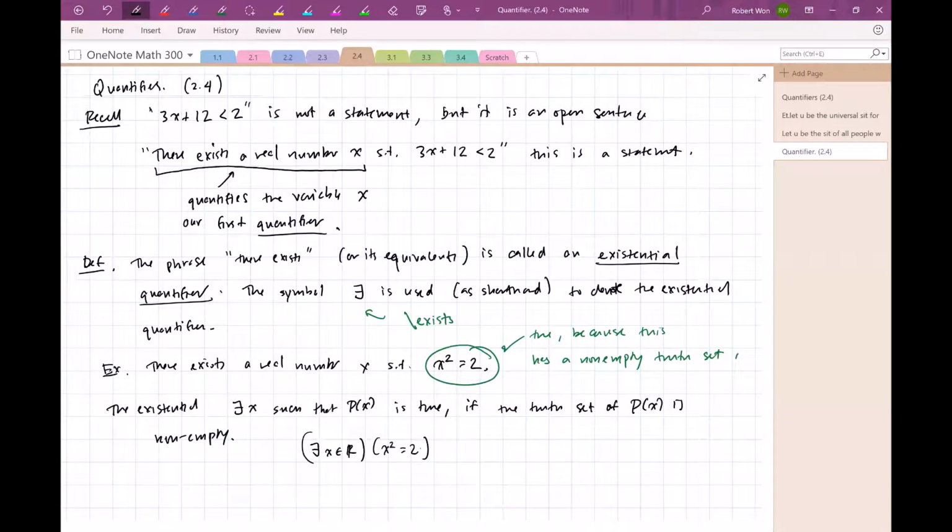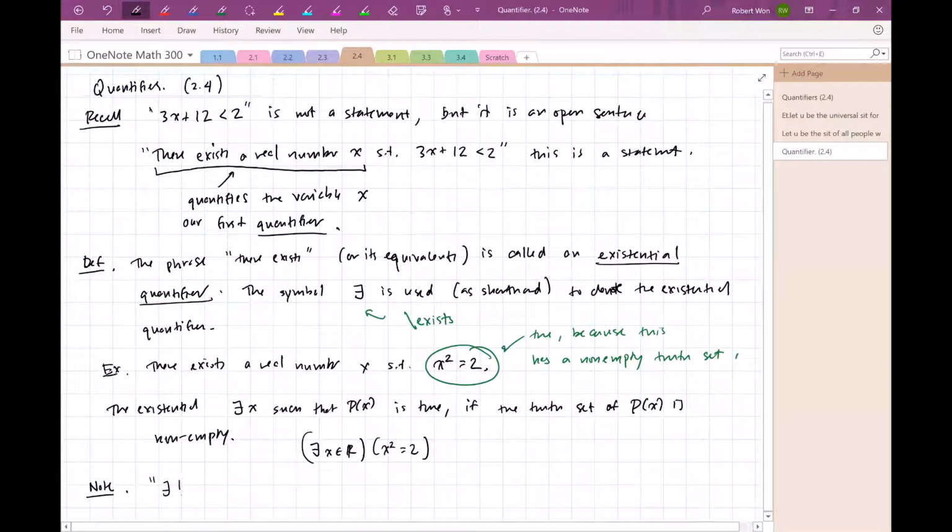And the last note, just something to know for yourself, is that oftentimes if you see this exists symbol with an exclamation point, it means there exists a unique.